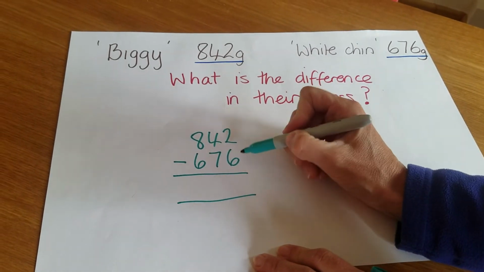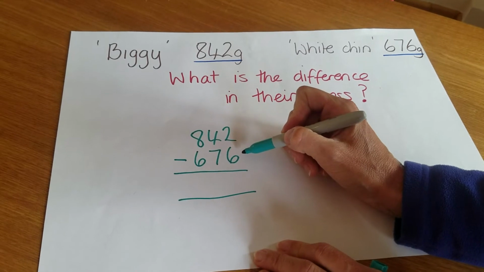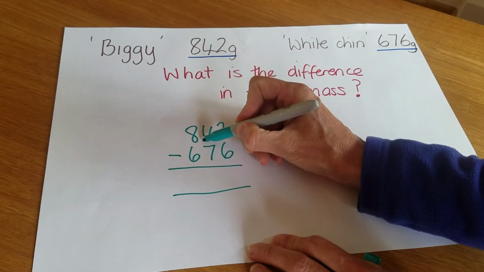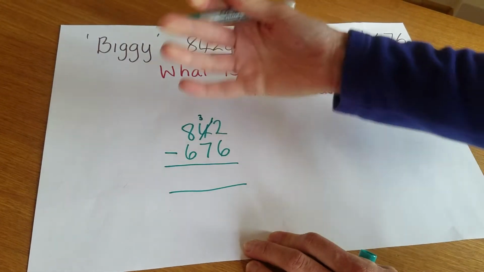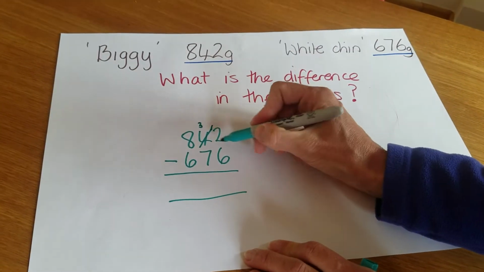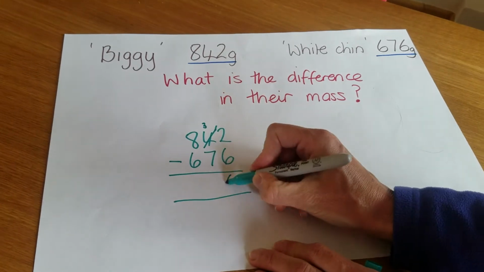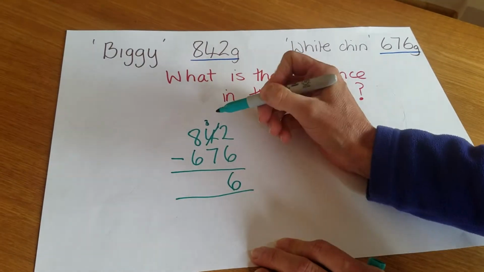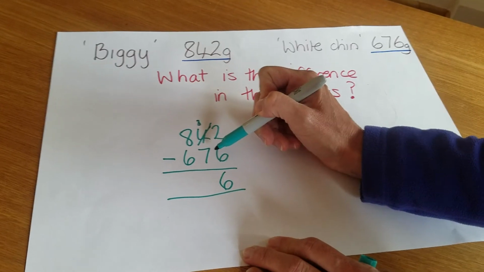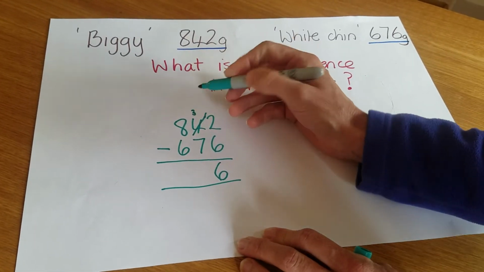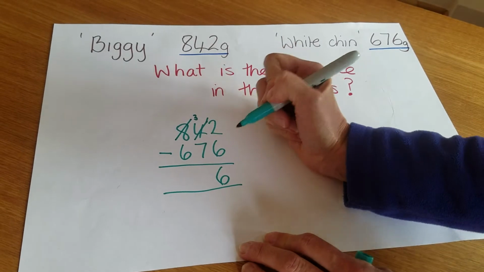So 2 take away 6, can I do that? Not quite. So I'm going to go to the tens column. I'm going to leave 3 behind, break 1, bring it over to the units. I've now got 12 units, take away 6, gives me 6 units. I've now got 3 tens over here, so 3 take away 7. Can I do that? No, I can't. So I'm going to go over here to the hundreds.